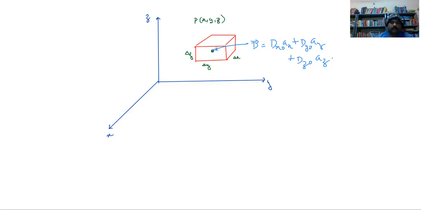Okay, so the flux is going out like this. That value is D. I'll write them here. So this point P again is in the middle of this parallelepiped.